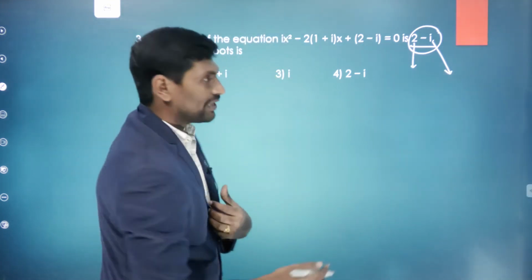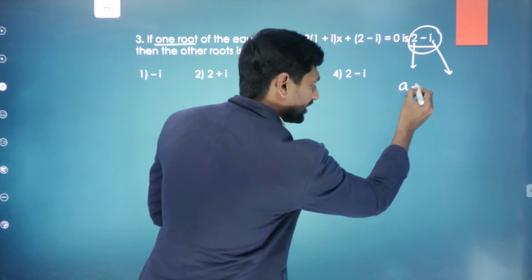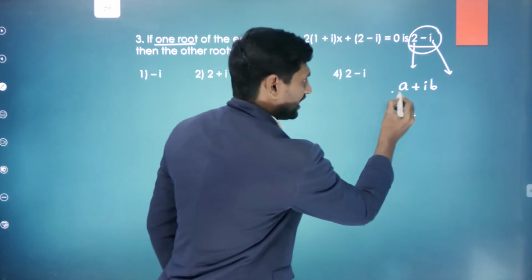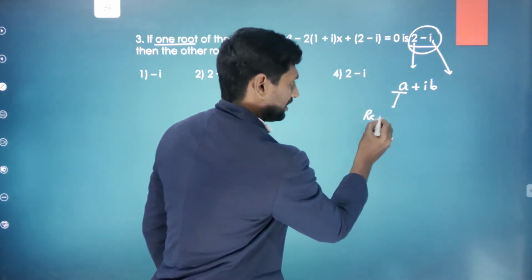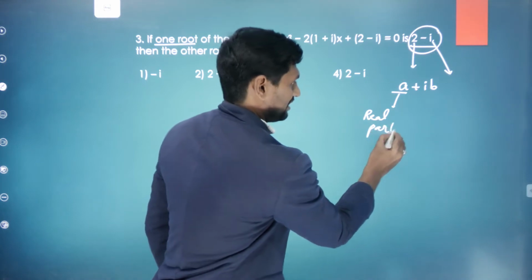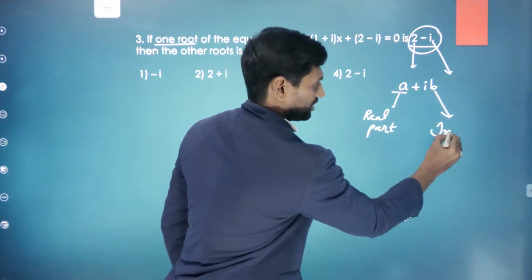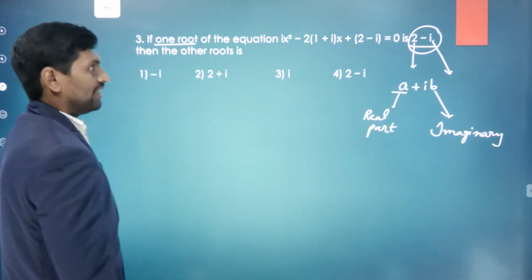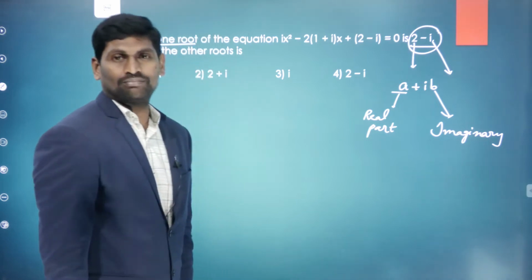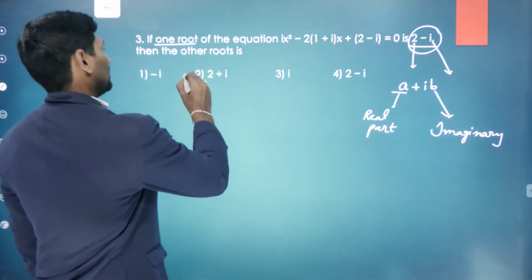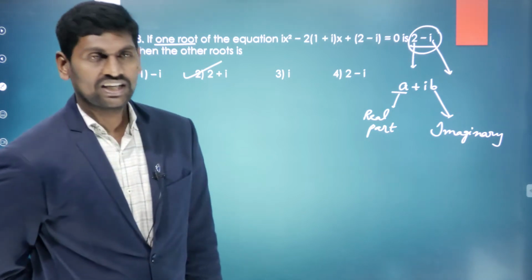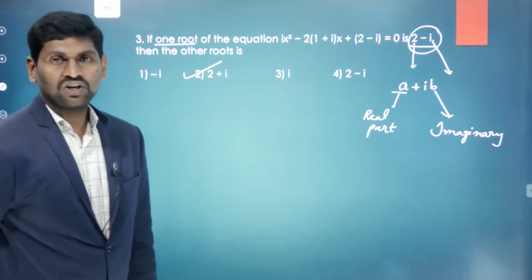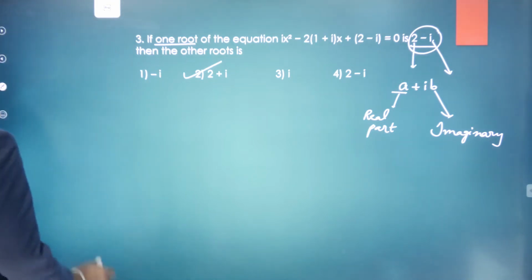Simply, complex numbers are in the form a plus ib, where a is called the real part and b is called the imaginary part. Okay? Same like 2 minus i is a complex number, so directly we can say the answer is 2 plus i. Okay? Right. Coming to the next question.